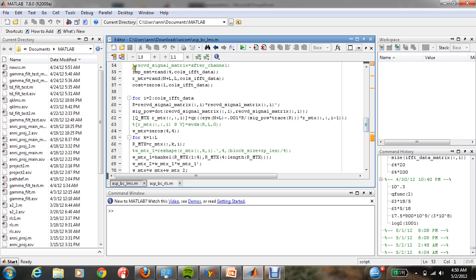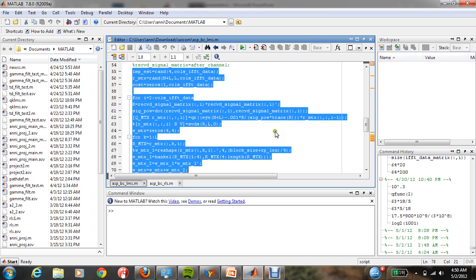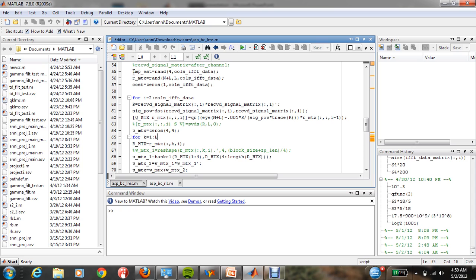Now this part of the code will concern the channel estimation. The impulse response estimate matrix is initialized randomly with uniform random distribution. The autocorrelation matrix is also initialized randomly. Here the instantaneous estimate of the autocorrelation is obtained, and here the QR decomposition is performed, and this part corresponds to the LMS based approach.